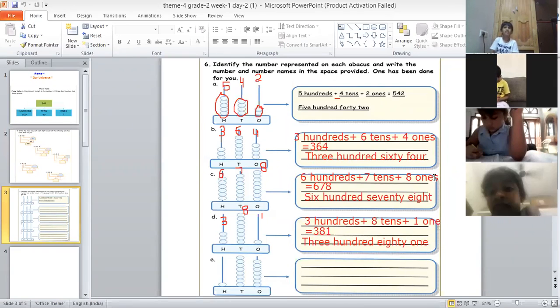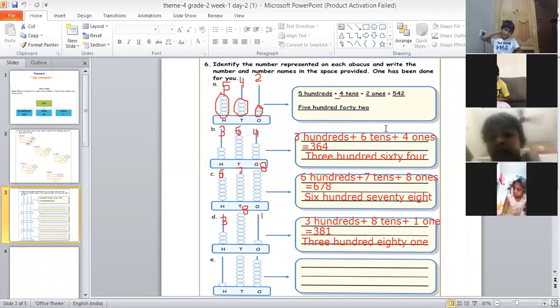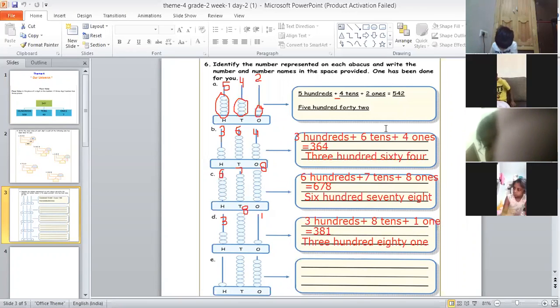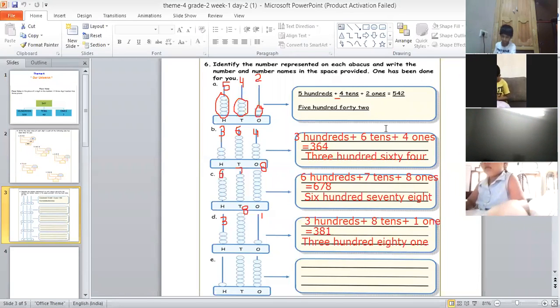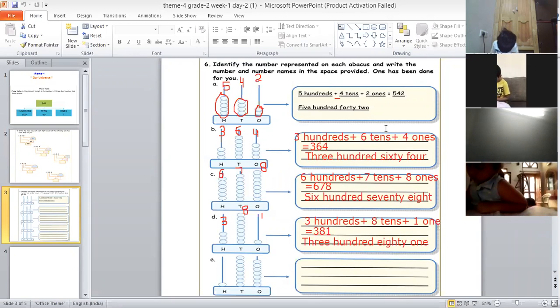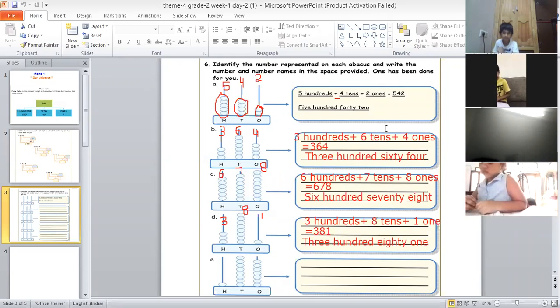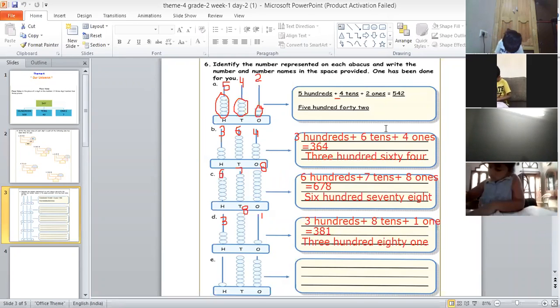Count the number of beads in bit E. Okay, children, now last question.